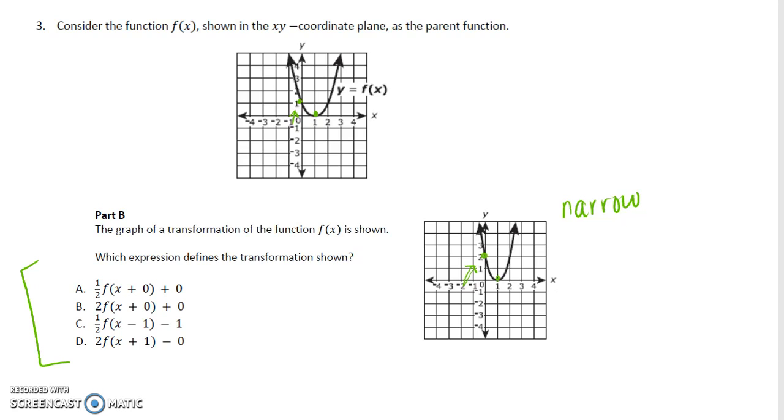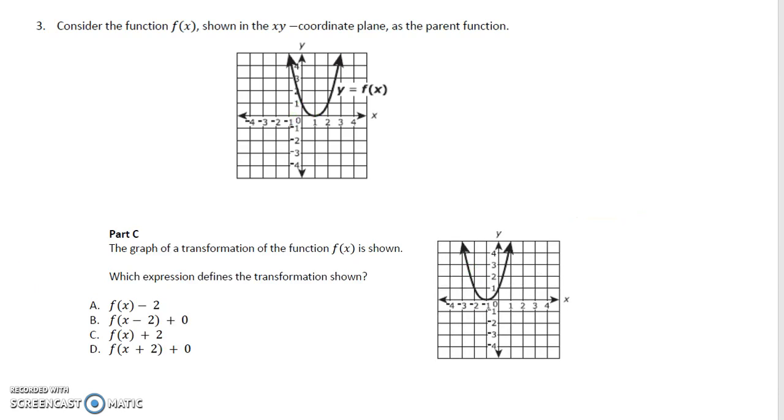So what that tells me is that B is going to be my answer. This a value of 2 is actually going to increase all of those points by a factor of 2.